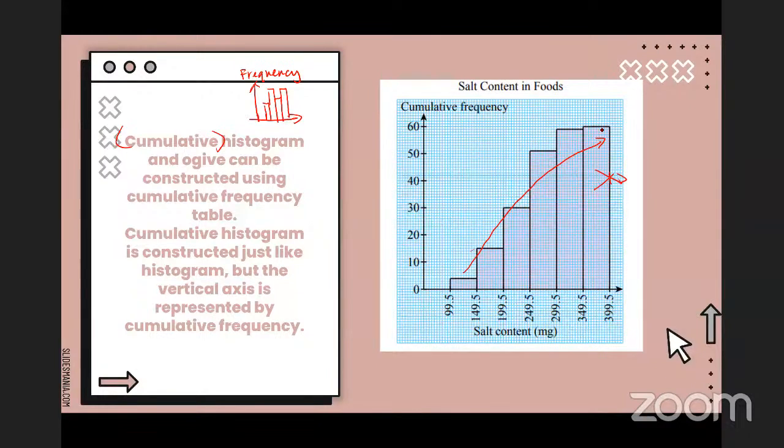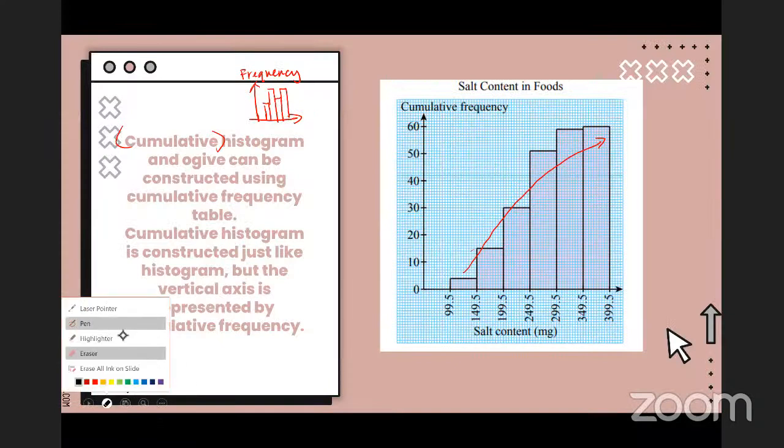It will never go down. It will just go up. Okay. So this is the cumulative histogram, where you use the cumulative frequency to construct it rather than using the frequency anymore.